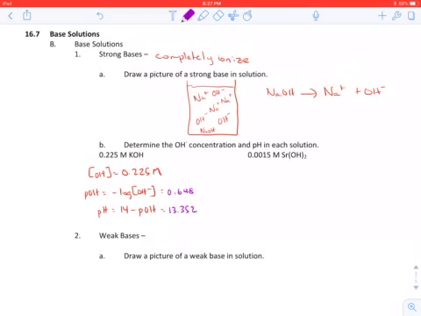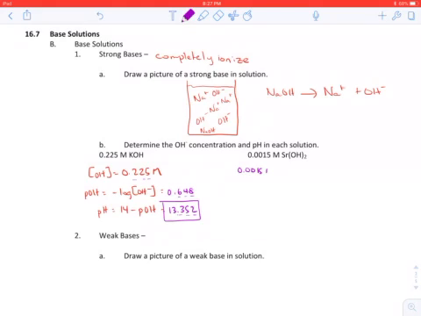An interesting thing on pHs and pOHs, you only count for pHs and pOHs the numbers behind the decimal for your sig figs. So the fact that this has 3 here, we should have 3 after the decimal in our answer. So our pH is 13.352.